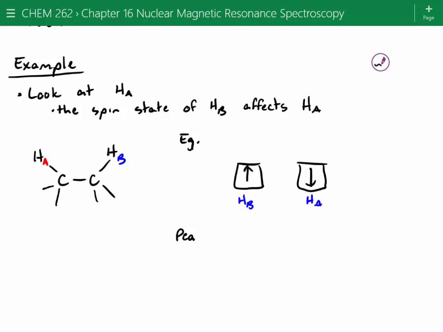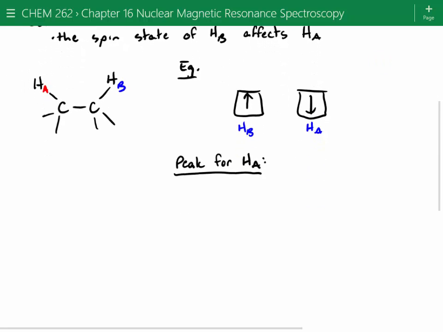So let's take a look at what the peak for HA would look like. If we look at the peak for HA, it'll look a little bit like that. So instead of one peak, the neighboring proton, that HB proton, could be in spin up or spin down, which will affect it.